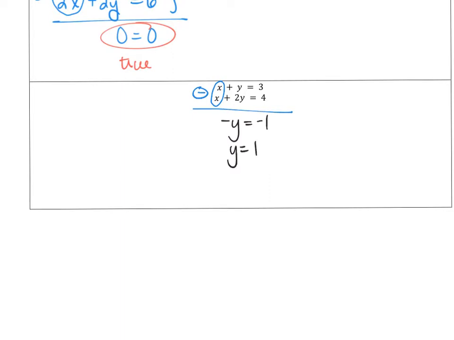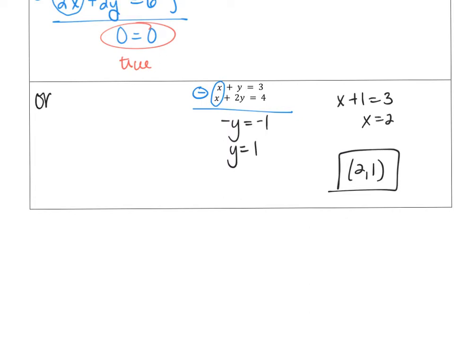Y equals 1. Pick an equation to substitute back into. X plus 1 equals 3. X equals 2. So this was a one solution situation because our variables did not cancel out.